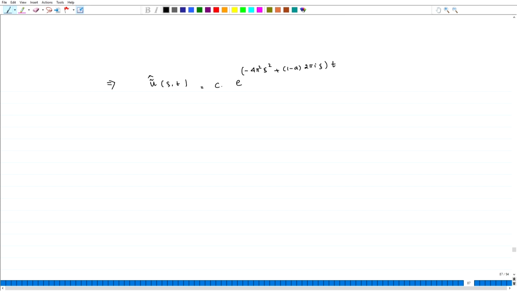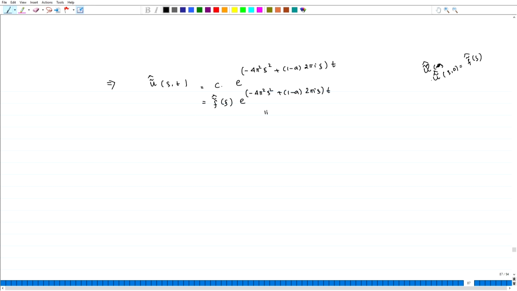And then the constant, because we know the value of u tilde hat at t equal to 0, which is u tilde hat at xi at 0, is equal to f tilde hat at xi. So, this constant is going to be f tilde hat at xi, and the solution is f tilde hat at xi times e to the power minus 4 pi square xi square plus 1 minus a 2 pi i xi into t. This is the solution for this.